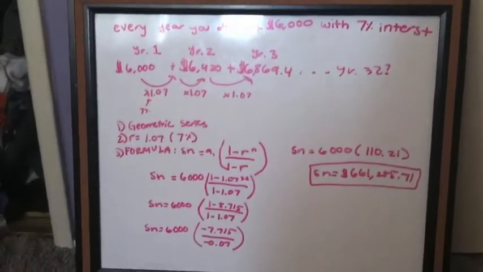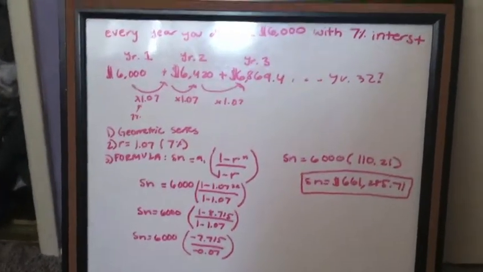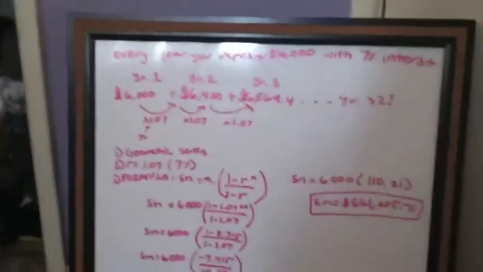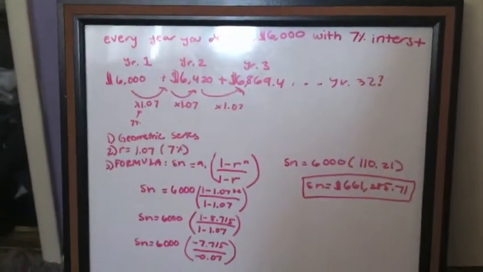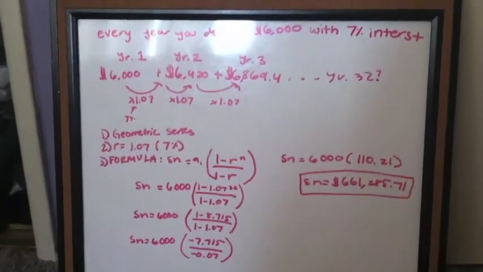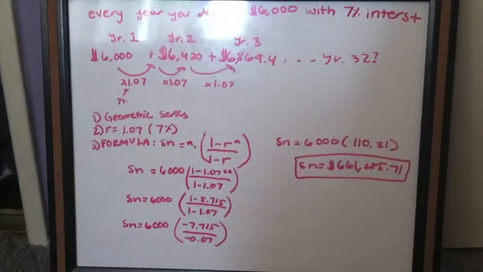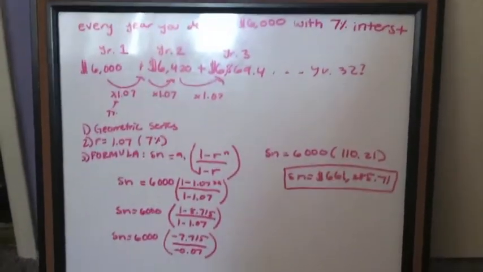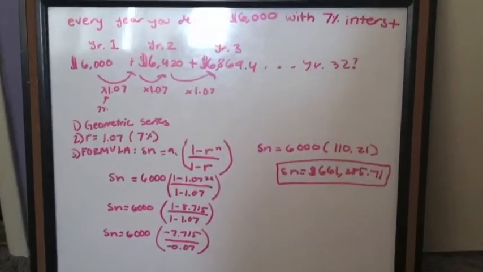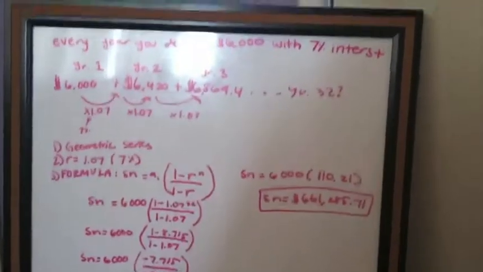So we know it's a geometric series because you're multiplying by the same number, and we know it's a series because there's an addition sign in between each term. So then you basically plug in the first term, the common ratio, and the number of terms to the formula, and then you'd solve, and we come up with $661,285.70 as the total.